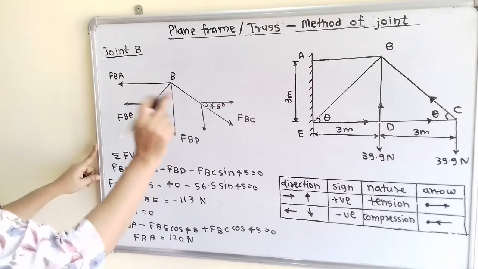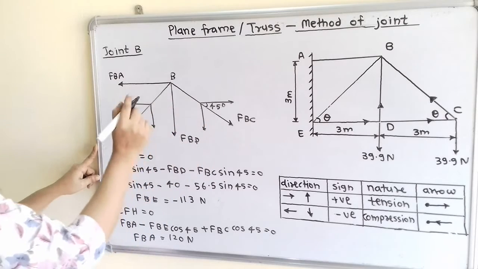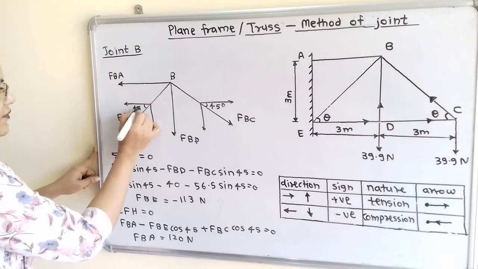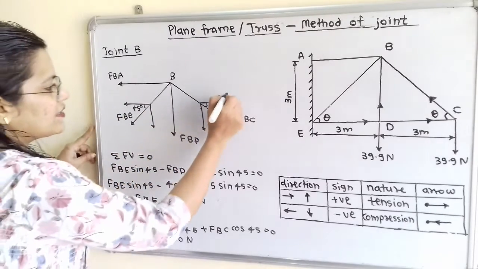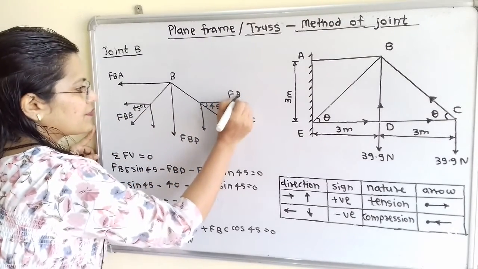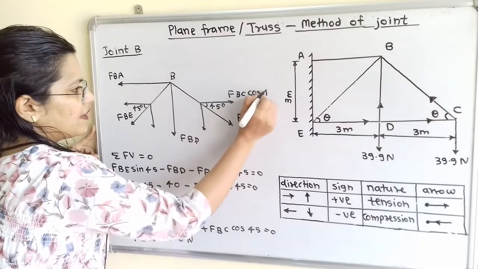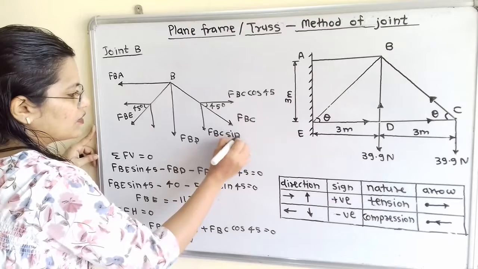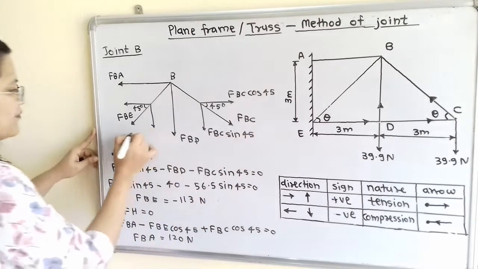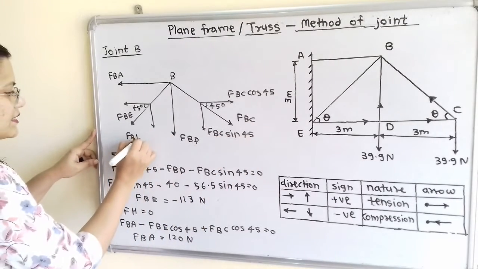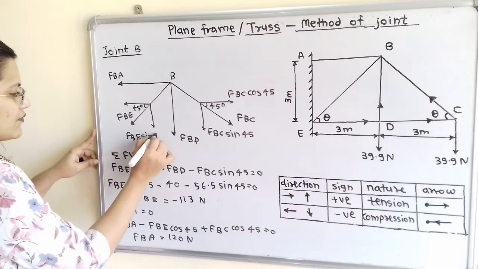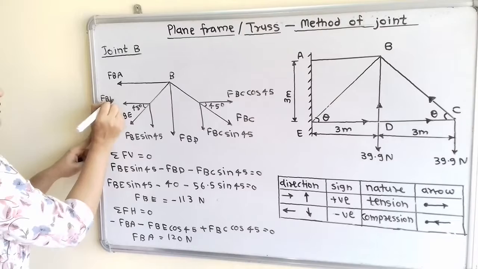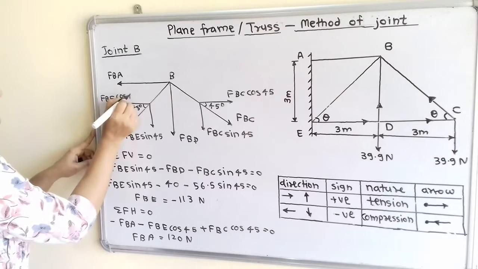And BE is also making an angle theta, that is 45 degree with horizontal line. So here is angle 45 degree. So we can say that here FBC cos of 45 and here FBC sin of 45. In the same way FBE sin of 45 and FBE cos of 45.